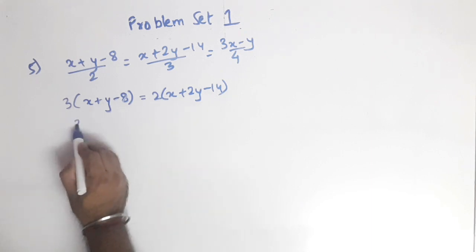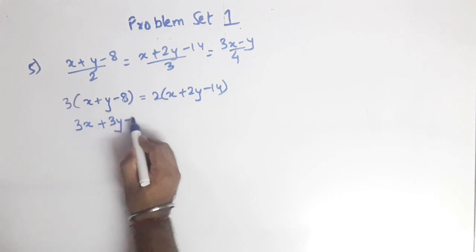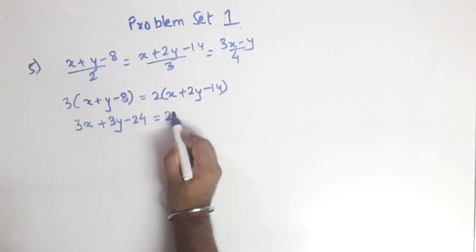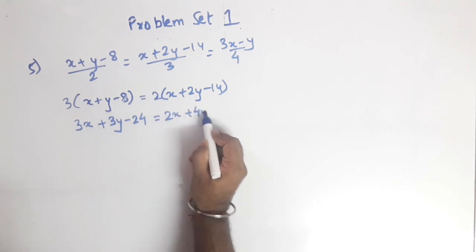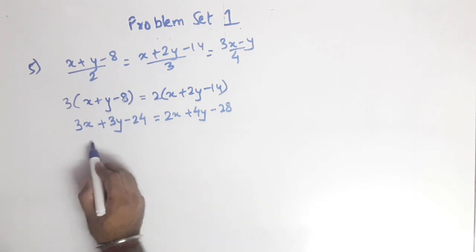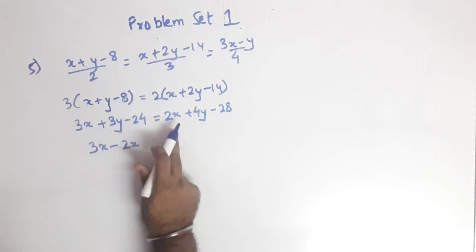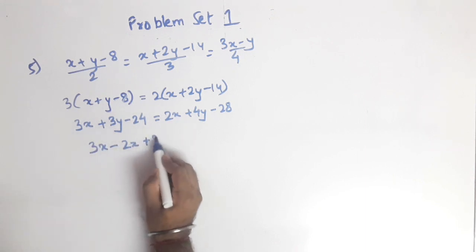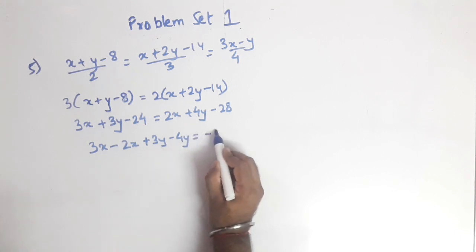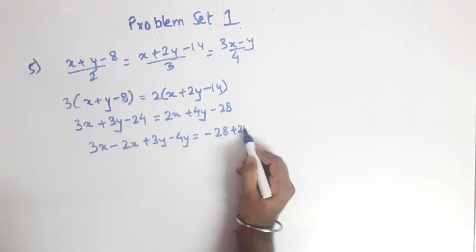Okay, this becomes 3x plus 3y minus 24 equals to, this is 2x plus 4y minus 28. What will I do? I'll take all x and y in the LHS, 2x here, y also here, 3y minus 4y, and constants in the RHS, minus 28 plus 24.